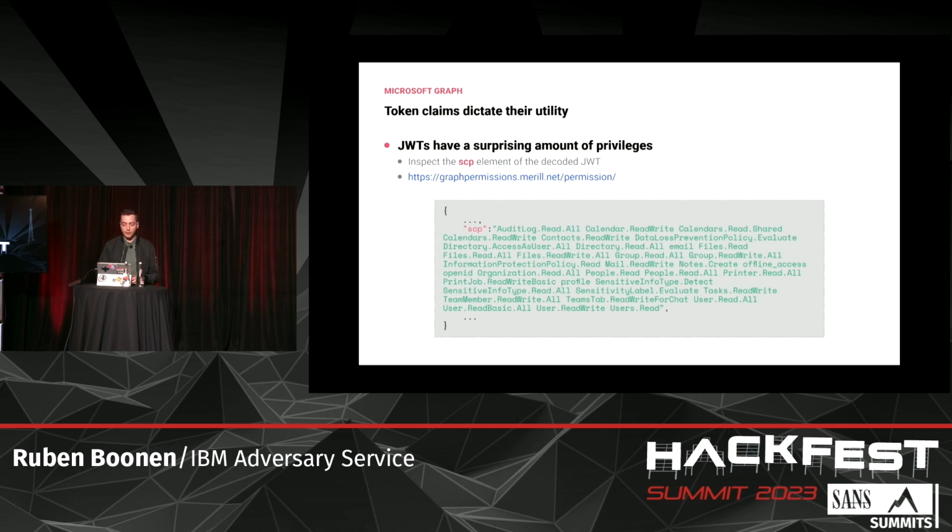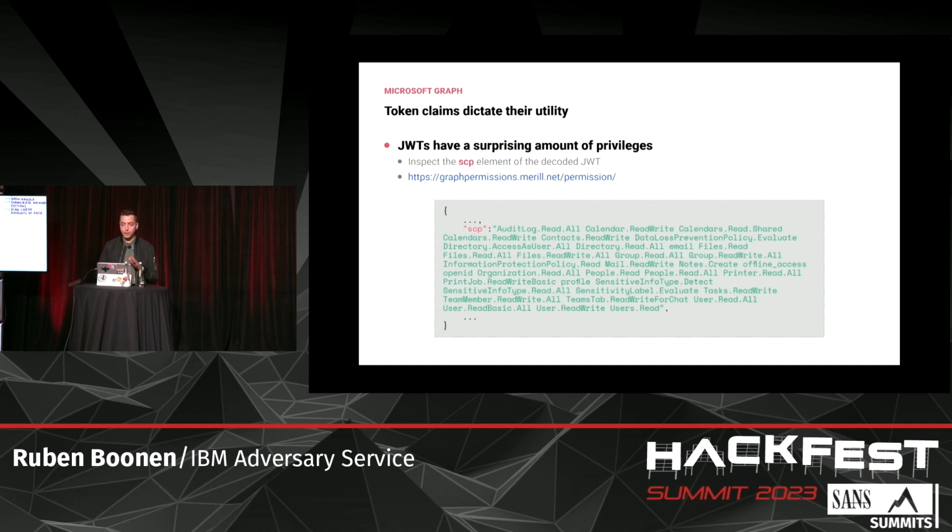There's an element, SCP, which has a plain text array of all the privileges that you can read. There are some interesting ones here, like read email, calendar, notes, and then other ones like directory access as user all, which gives you like 80 permissions. So this is a lot of privileges.